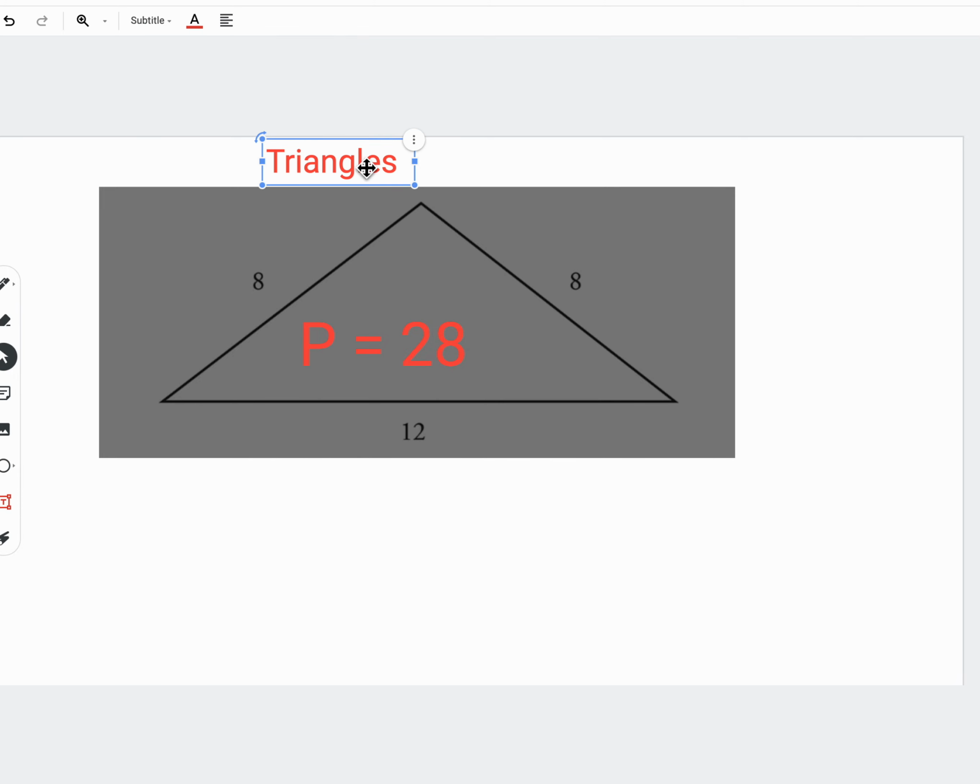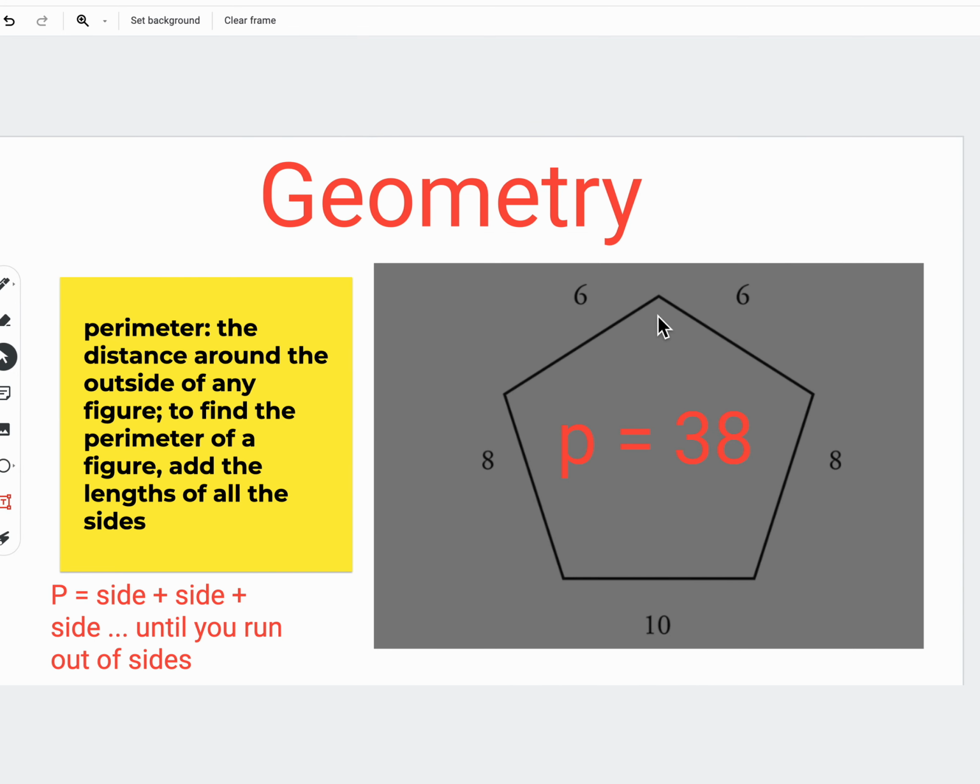Triangles have 3 sides. Here in our pentagon we have 5.